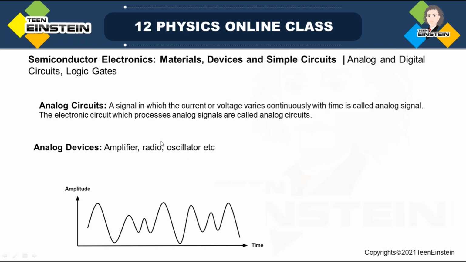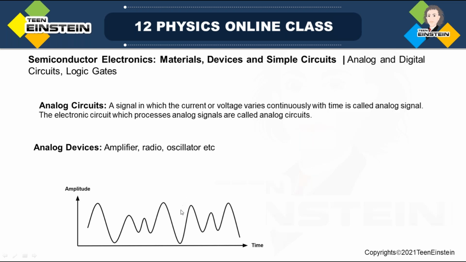So what is an analog signal? Signal means either current or voltage can be thought of as a signal. A signal in which current or voltage varies continuously with time is called an analog signal.